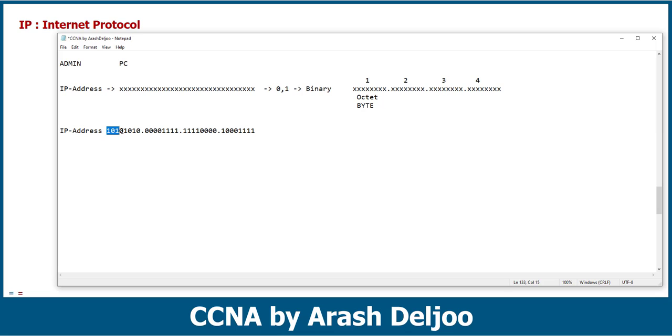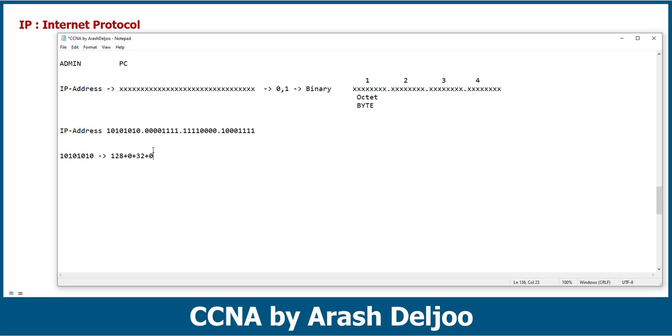First, starting from octet 1, let me copy it here. Now you know that we can calculate the decimal equivalent easily. Here we have 128, this is the 1, and also 1, 0. After that we have 32, as you learned before.